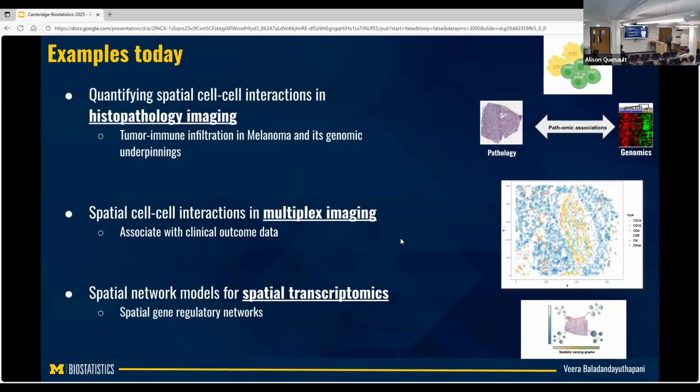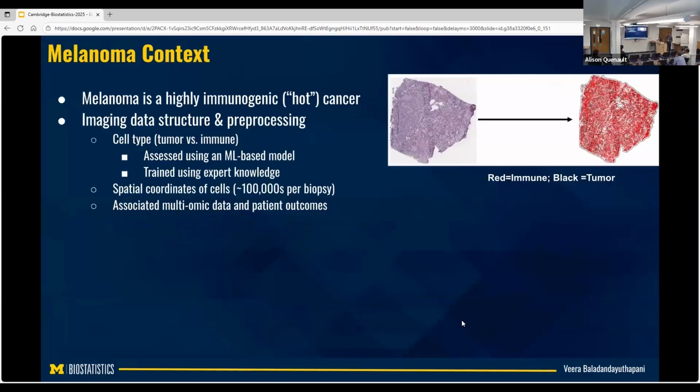One from histopathology imaging, a very simple problem of quantifying cell-cell interactions, and then similar concepts for multiplex imaging. And if I have time, I'll go into some recent work with network models for spatial data, at least to give you the high-level idea. I'm happy to chat later about specifics.